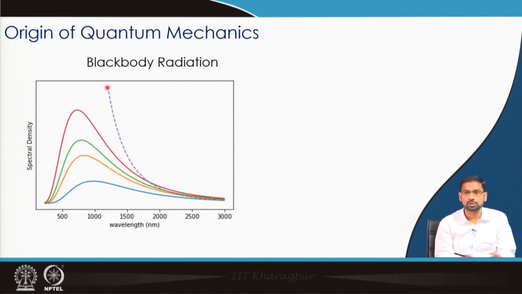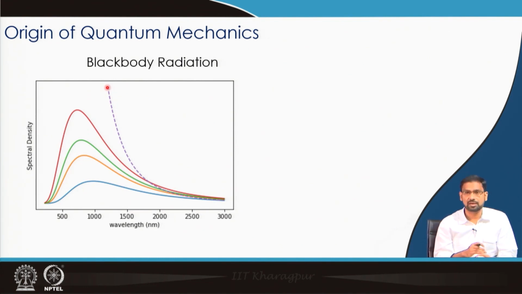This problem was solved by Max Planck. The key idea that Max Planck invoked here was that the black body is made up of some material. So consider them as some oscillators that absorb and emit radiation. Classical physics said that these oscillators can absorb and emit radiation in a continuous manner. That means they can take any energy along the spectrum.